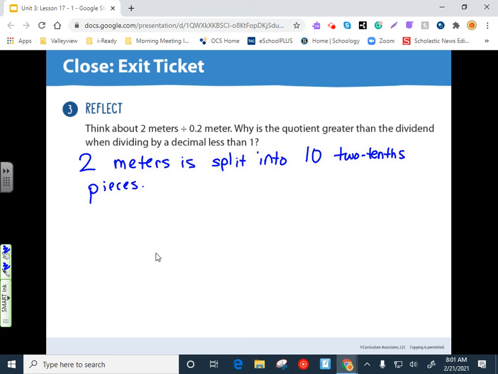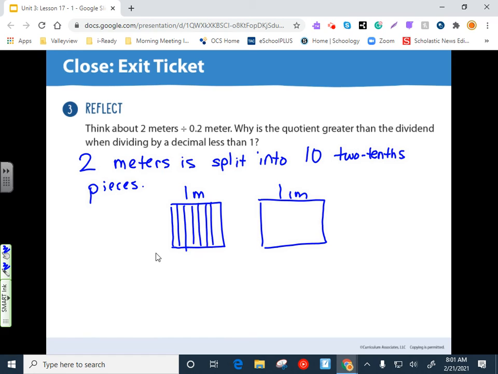Basically, you don't have to do this in your notes. I'm not sure I have room, but like the 2 meters, let's pretend both of these represent 1 meter. So 1, 2, 3, 4, 5, 6, 7. Oh, I did terrible. 1, 2. Okay.